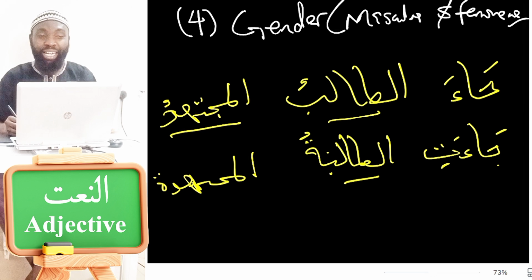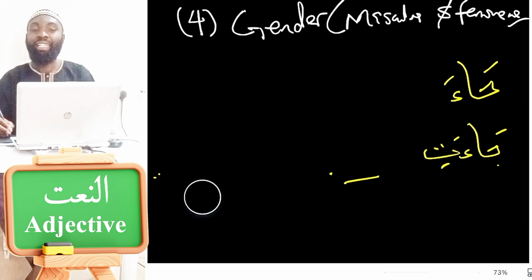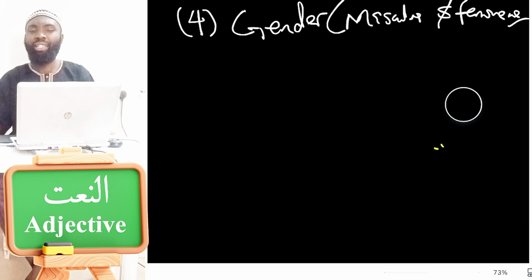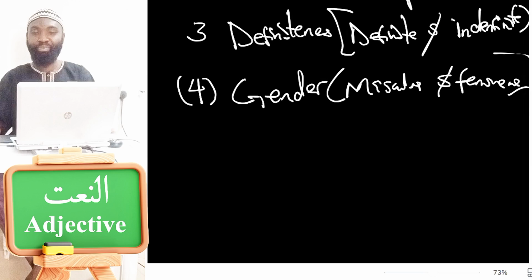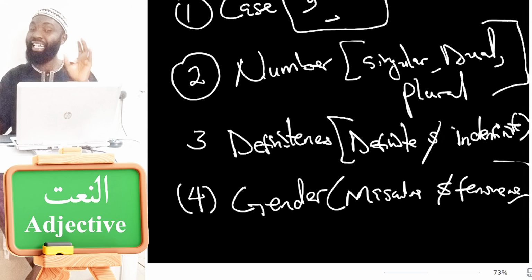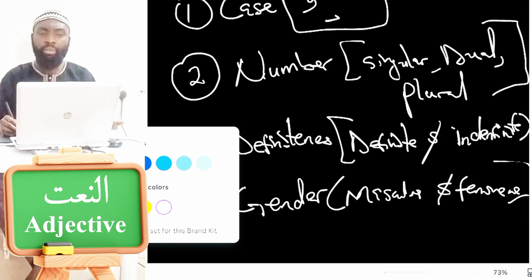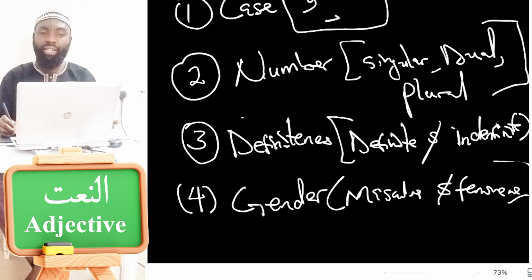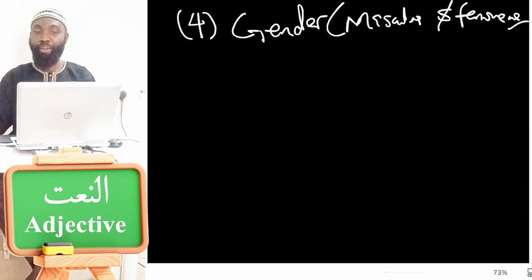So these are the 4 aspects that the adjectives will agree with the noun in. The first one, case: fatha, kasra, dhamma. The second one is number: singular, dual, and plural. The third one, definiteness: definite noun and indefinite noun. Then gender: masculine and feminine.